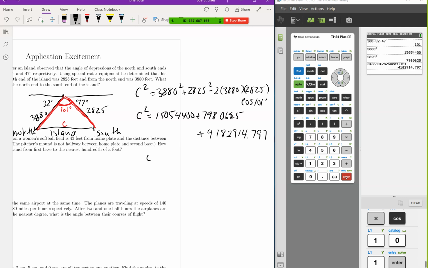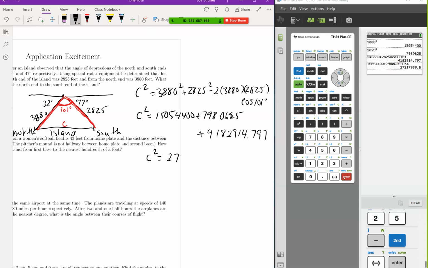So to put all these things together then, the c squared will be 1505, 4400 plus the 79,80625 minus the previous answer, because that'll change it to a plus.